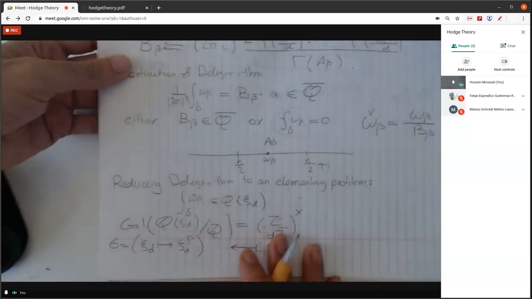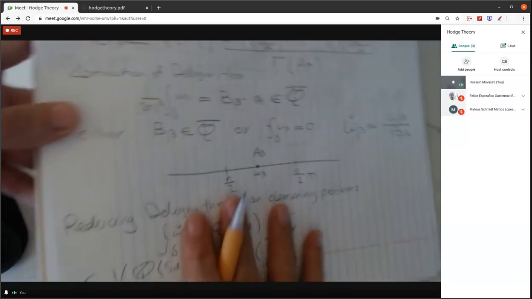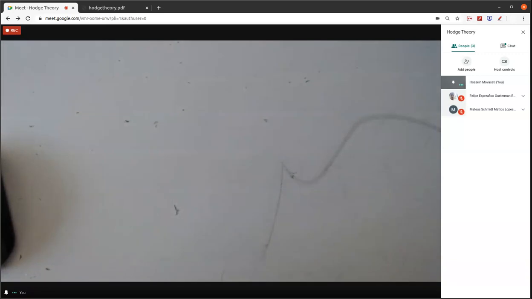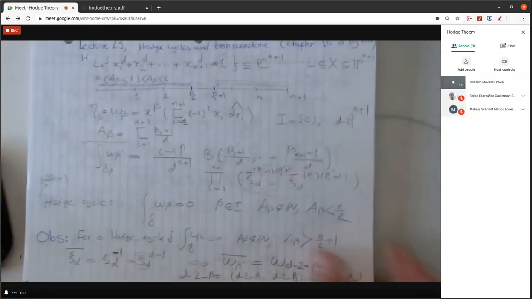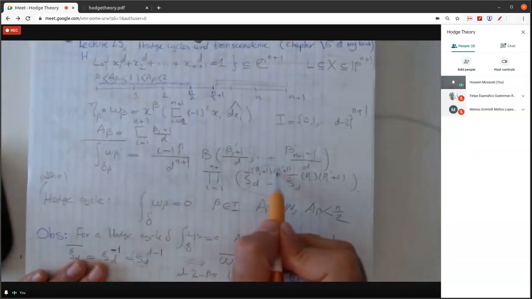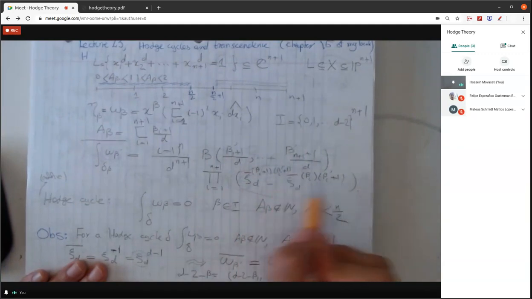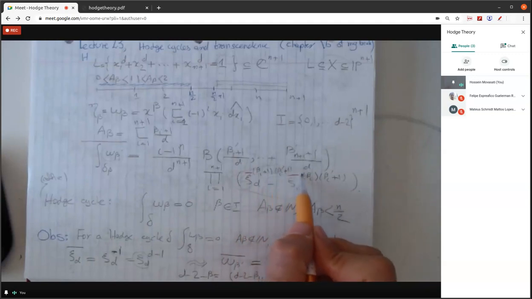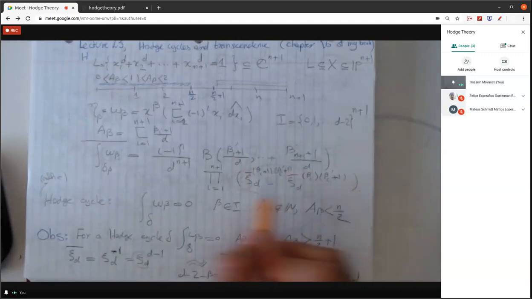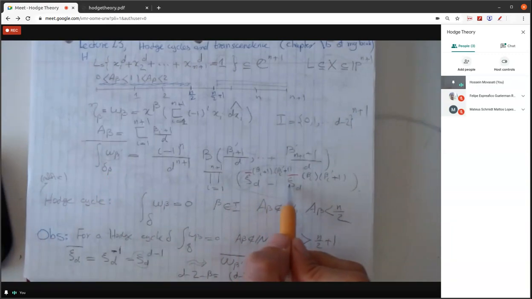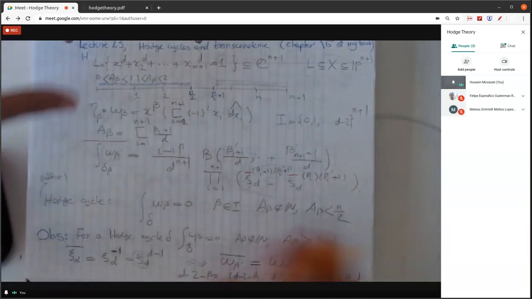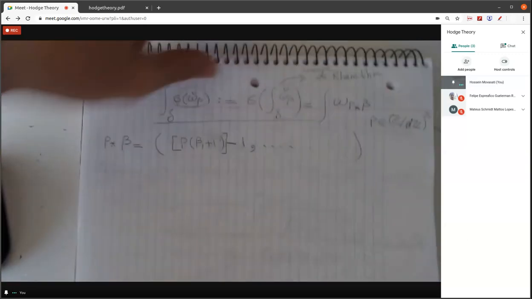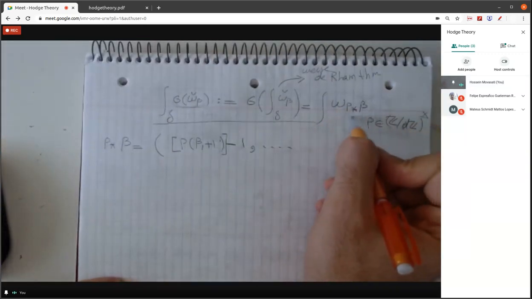And then when I act this Galois group on my integral, where is the formula of the integral? Okay, you see, the integrand has beta i plus 1 prime, beta i plus 1. So this p will go to here, and then I will write it again as integration of differential form. That's why at the end we reach this formula.